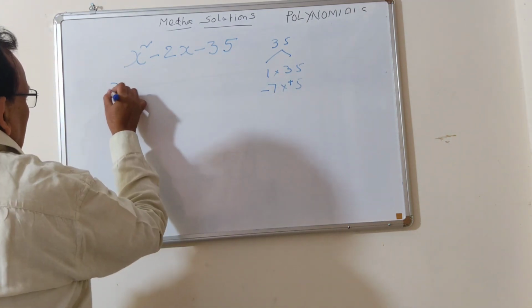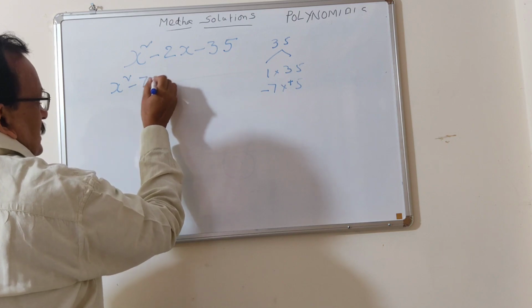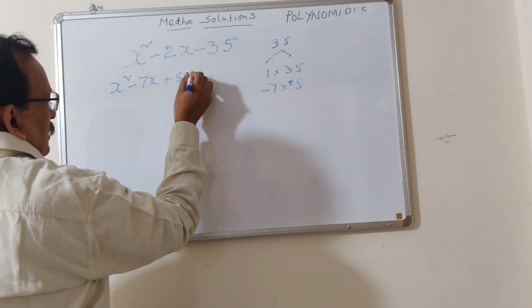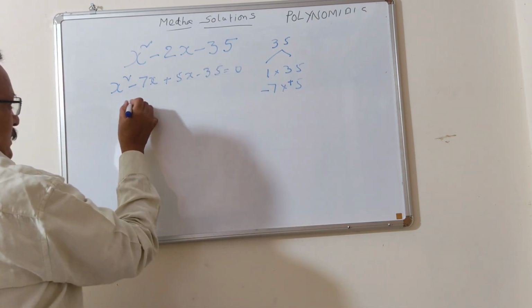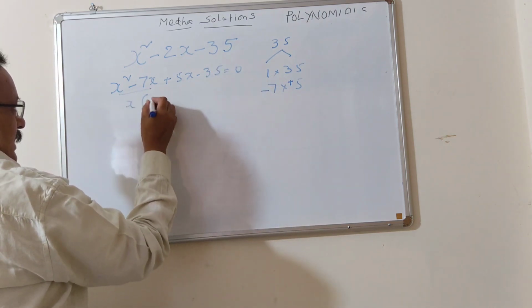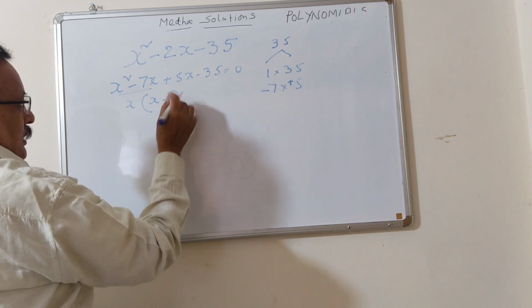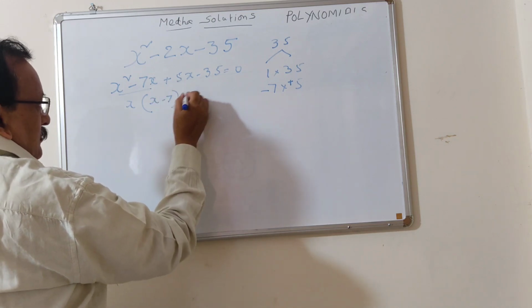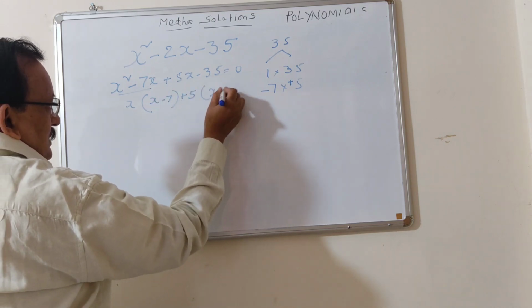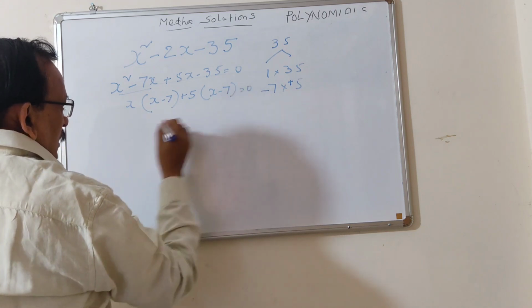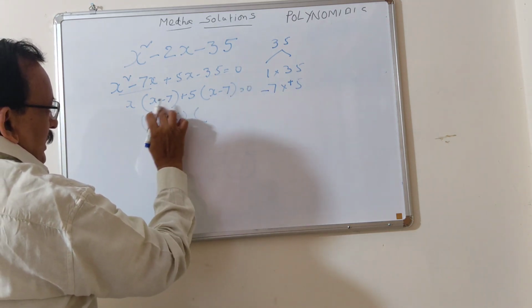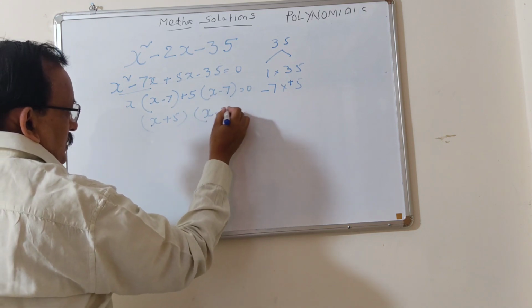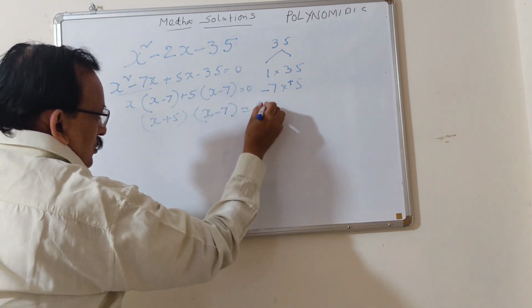Now splitting: x square minus 7x plus 5x minus 35 is equal to 0. Here common x in the first two terms, x minus 7, here plus 5 common, x minus 7 is equal to 0. So x plus 5 into x minus 7 is equal to 0.